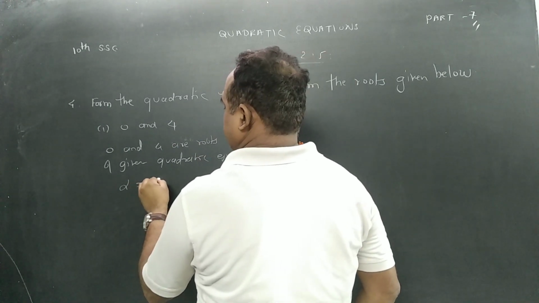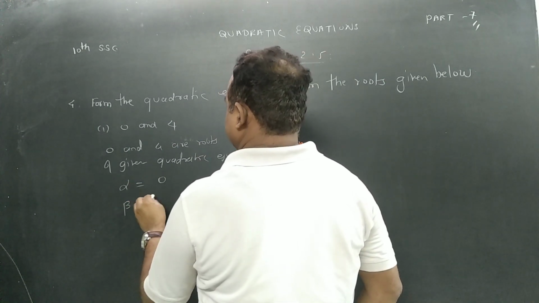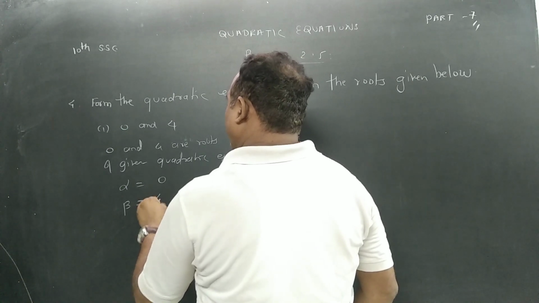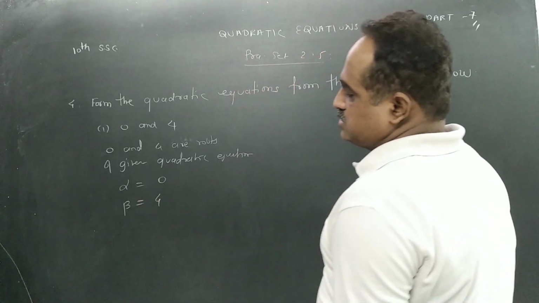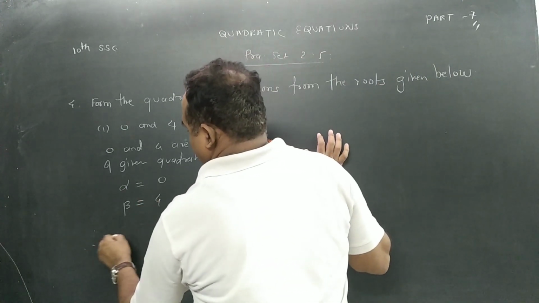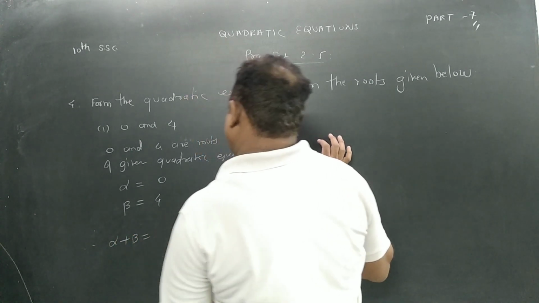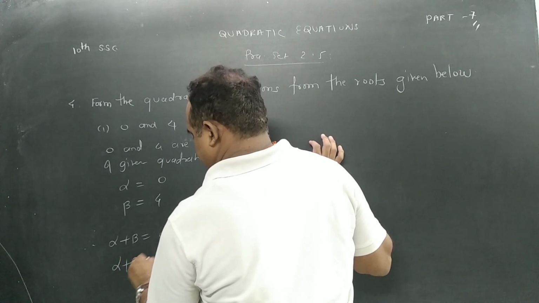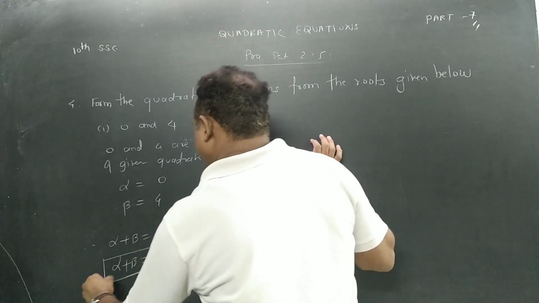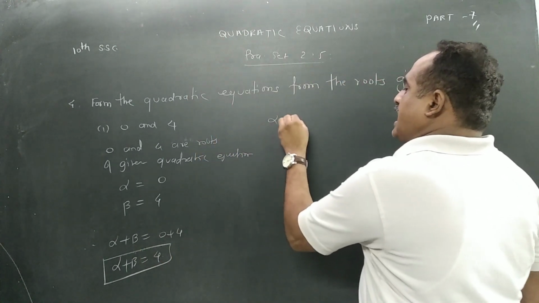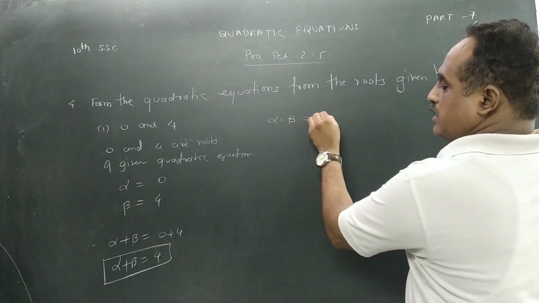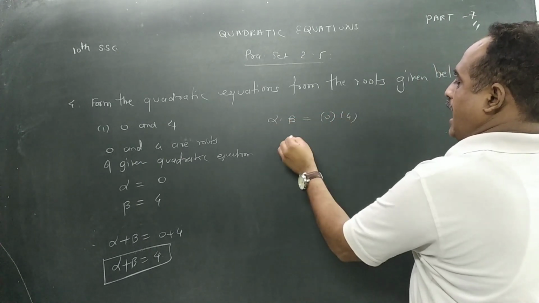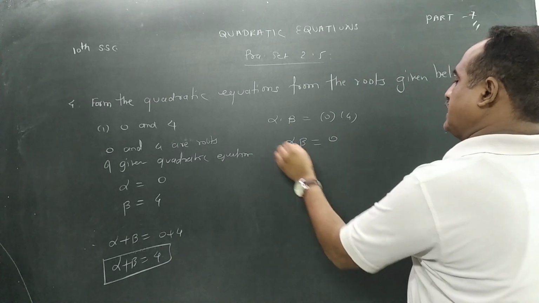Therefore, alpha is equal to 0 and beta is equal to 4. So first of all, we have to find alpha plus beta is equal to 0 plus 4, so alpha plus beta is equal to 4. And alpha into beta is equal to 0 into 4, so alpha into beta is equal to 0.